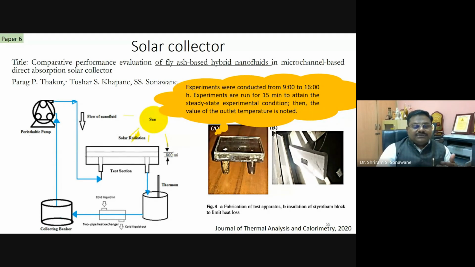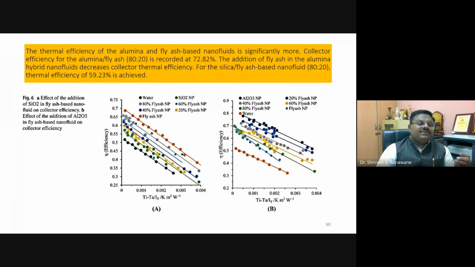Next, this is published in the Journal of Thermal Analysis and Calorimetry. Yeah, the thermal efficiency of the alumina and fly ash based nanofluid is significantly more. Collector efficiency of 80% alumina and 20% fly ash is recorded at 72.82%.